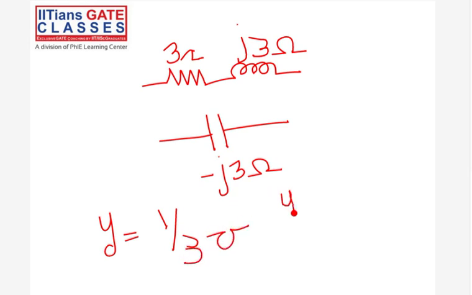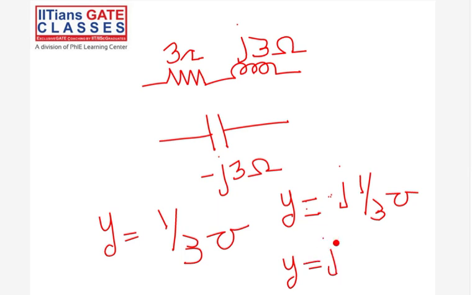For the inductor, it would be minus j 1 by 3 mho. And for the capacitor, the Y would be j 1 by 3 mho.